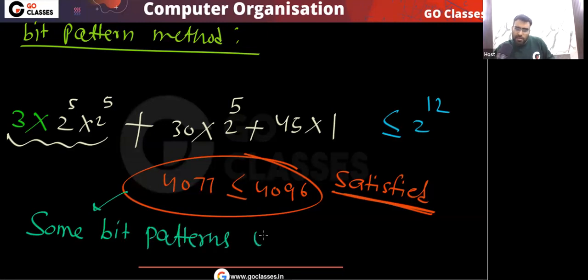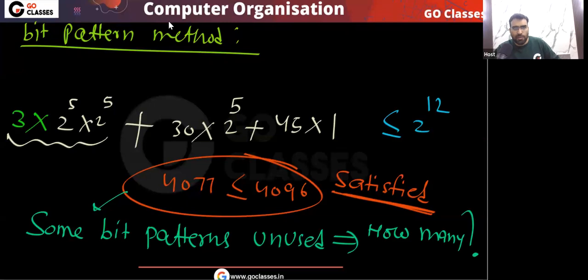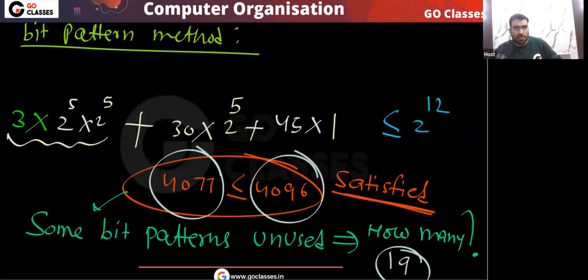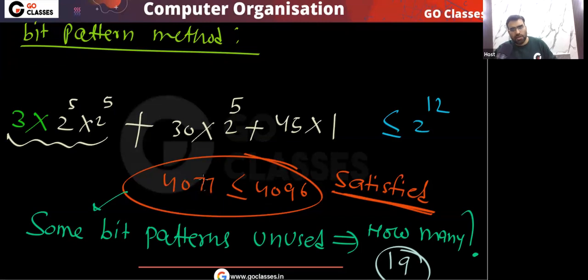If the question asks how many bit patterns will be unused, what will be the answer? That will be 19. Is this clear? So remember, some bit patterns will be unused, and that will be 19.